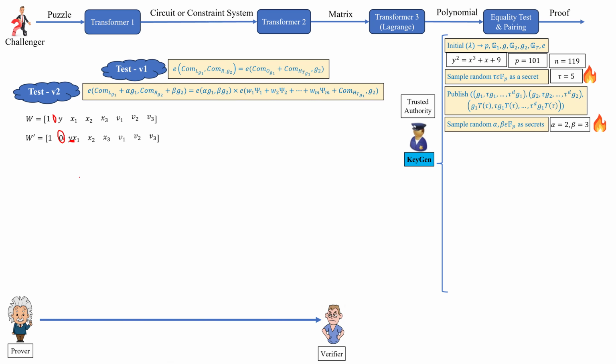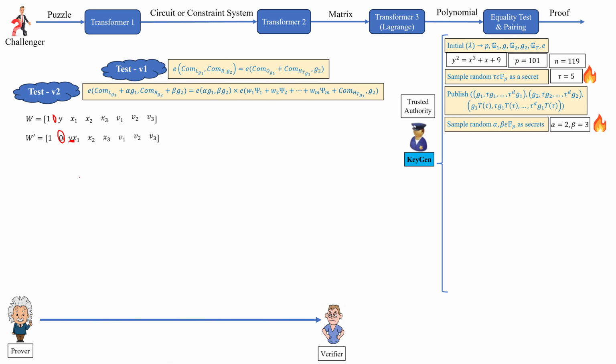This is not good because in some scenarios the prover can share its knowledge W with another malicious prover, and the other malicious prover can generate W prime, pass test version 2, and claim that I know another different secret.